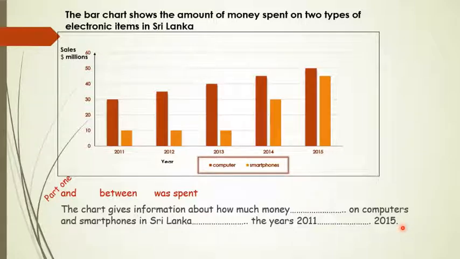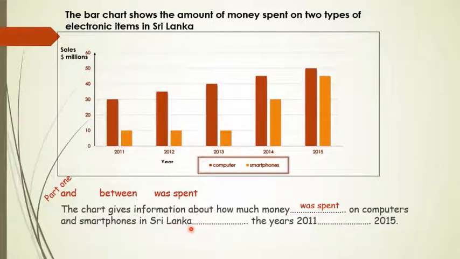Right. So this shows actually what the chart is about. This is a description about the chart. And the words that you could use for these blanks given here, can you guess the right words for these blanks? The chart gives information about how much money, yes, good, was spent on computers and smartphones in Sri Lanka.